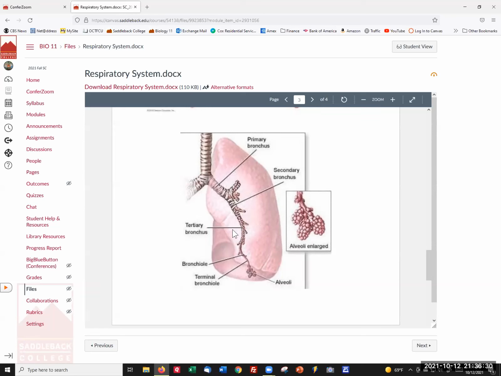The tertiary bronchus becomes the bronchiole. And then we have the terminal bronchiole, smaller still, and many more of them. And then we'll get down to the alveolar sac. Doesn't this look like some sort of blackberry? And go in, and we'll see the inside in just a second.